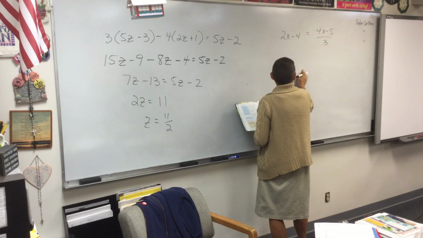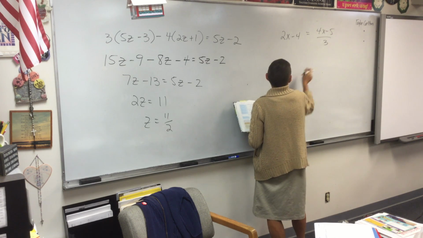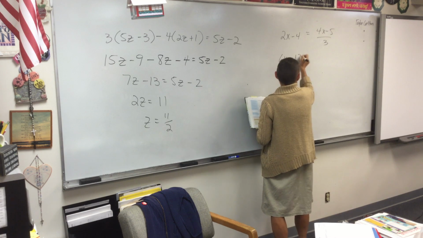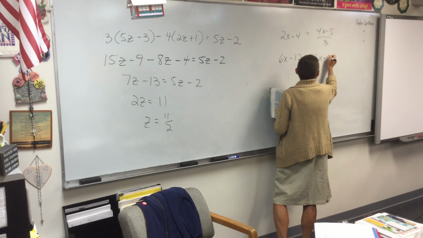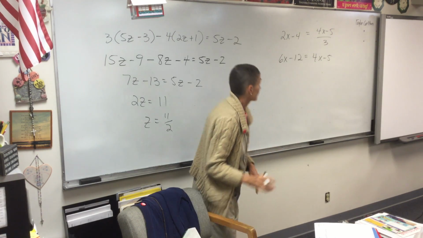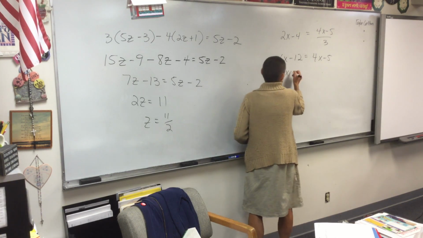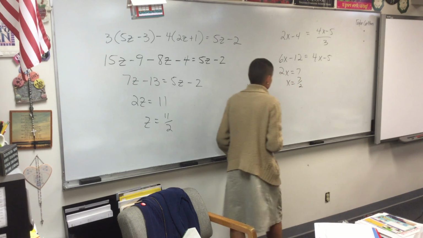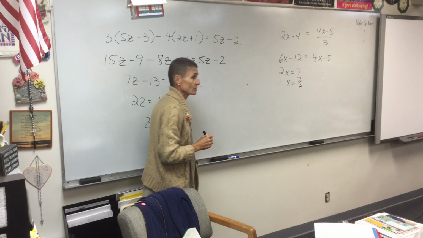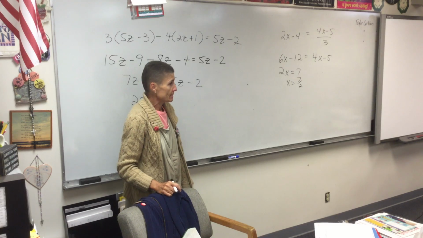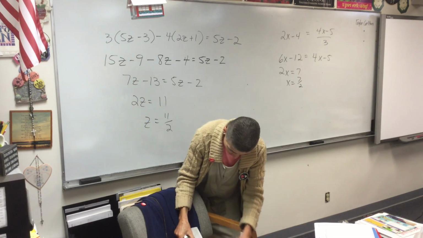Multiply it over here by 3, and when you do that, that's exactly right. You're going to have 6x minus 12, because you're doing your distributive property. So 2x equals, I got 7 halves, but I might have made a mistake. What do you think? What you got? Easy.